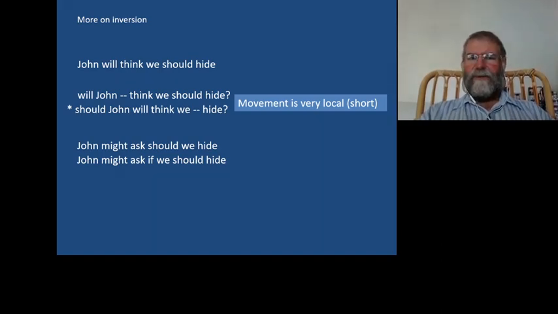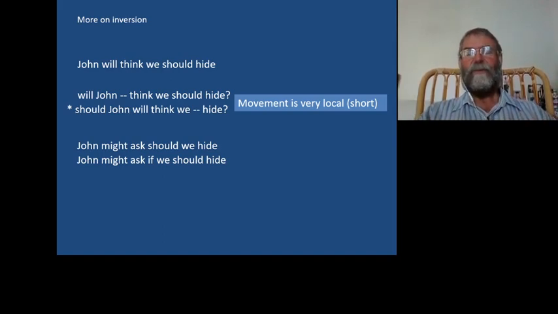Direct speech reports something that was actually said. So when these words were uttered, should we hide, clearly they were a main clause themselves. You don't speak in embedded clauses. So what John actually said when he said it, should we hide, that was a main clause. So actually an embedded direct speech sentence has an ambiguous status.